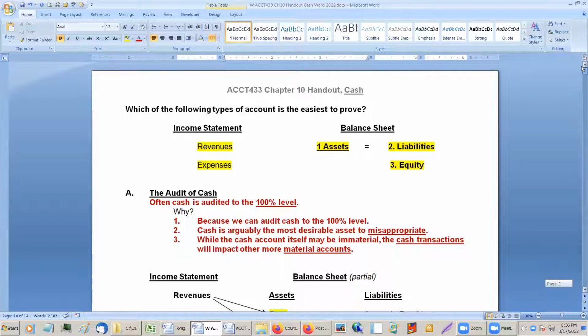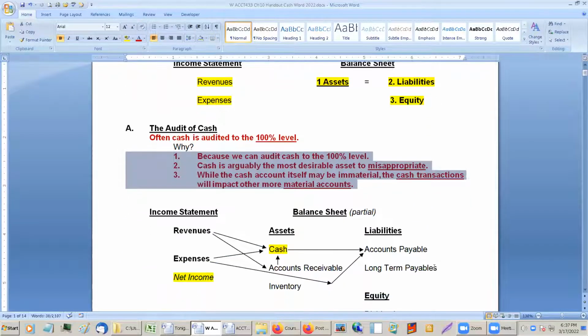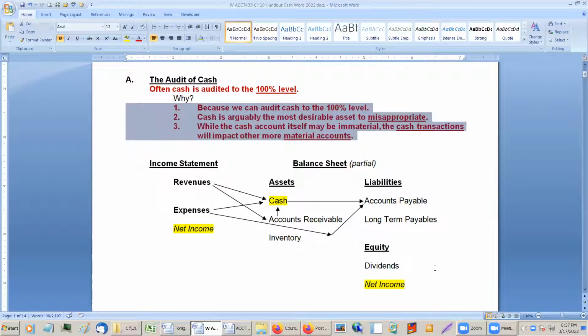And just to reiterate why we do it: it's because we can't audit it to the 100% level. That's why we're very serious about the cash. It's the most desirable one for people to steal.